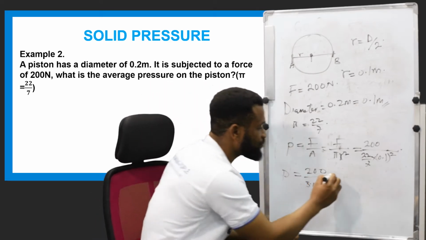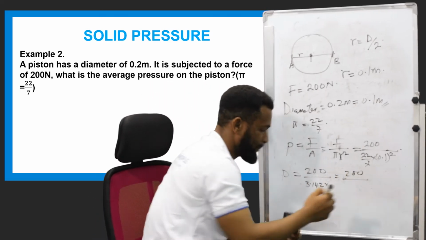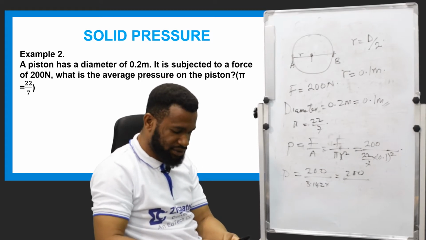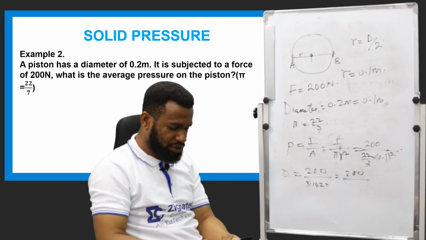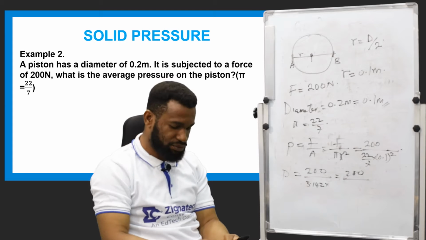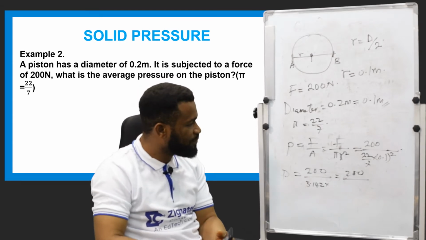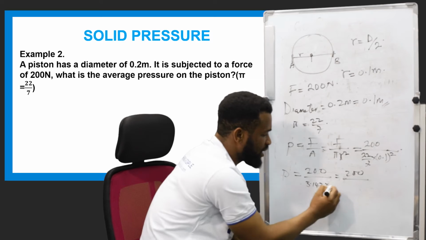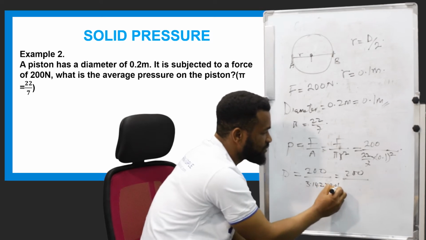200 over 3.142 multiplied by this. 0.1 squared is 0.01.